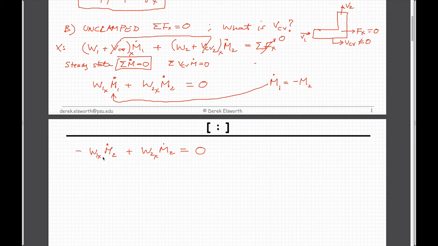And so we can get rid of both of these because they cancel. And we have that W1x is equal to W2x.